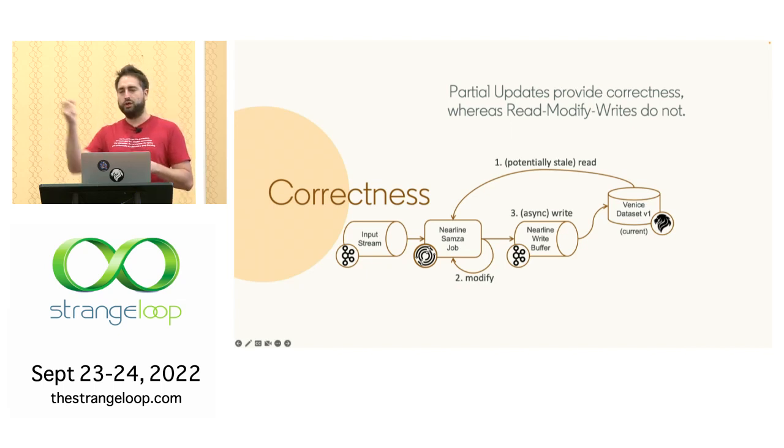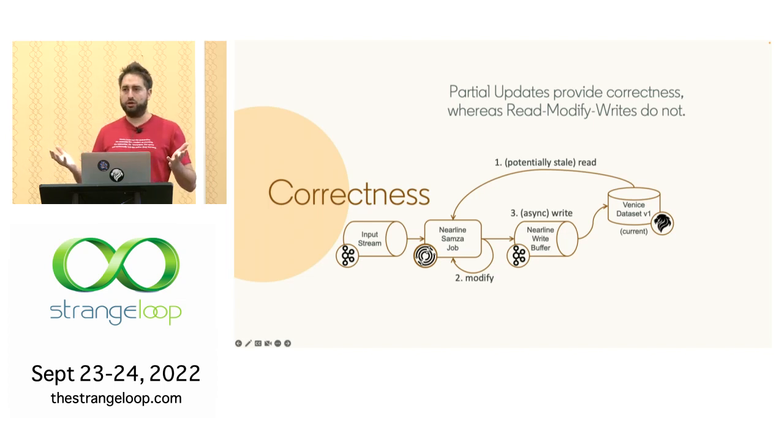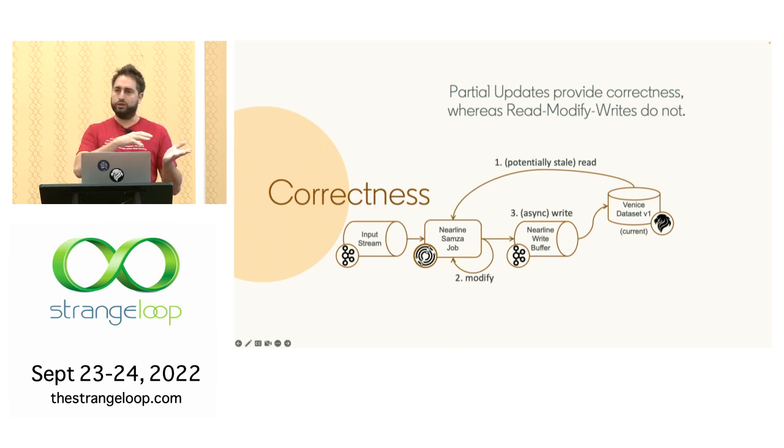And so if you do a stale read, you modify that and write it back into Venice, it's possible that there may be another in-flight operation for the same row that was already in the buffer but that you couldn't read yet. And then your subsequent write will clobber the old one. Essentially, you'll have data loss. And data loss is a pretty big deal. We don't want that.